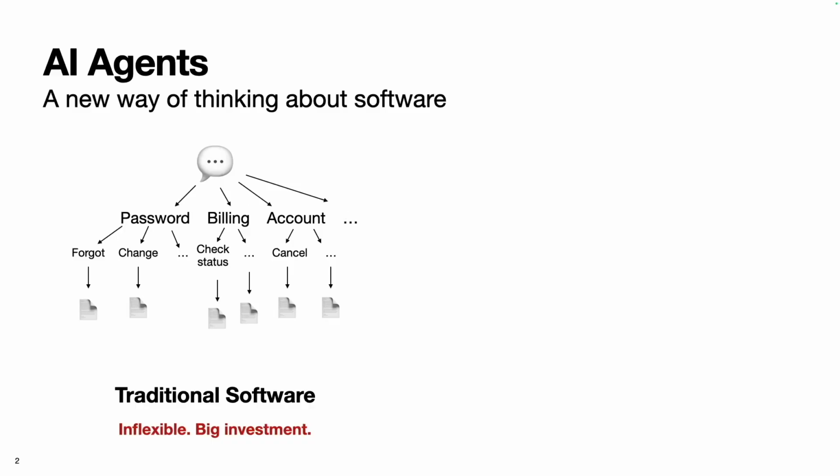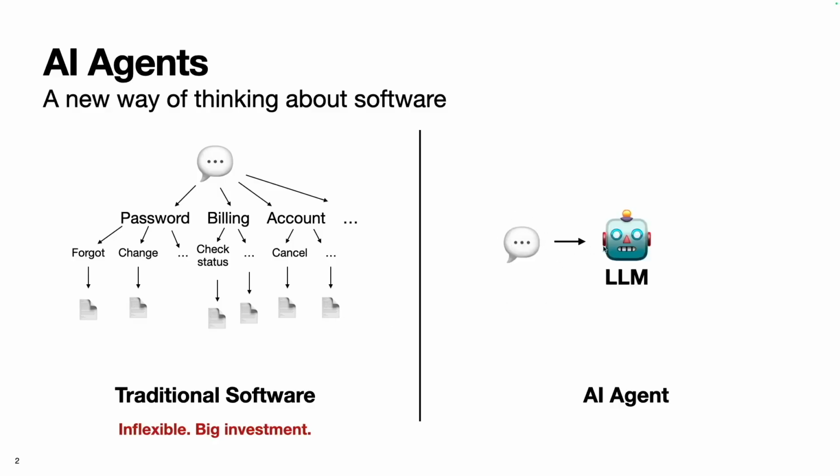However, if we were to try to solve this problem using an AI agent, it would look somewhat different. Instead of meticulously defining all the common questions and pre-writing solutions to all of these things, we might just take a user's query, pass it to an LLM, and rather than predefining responses for this system, we might do the following.